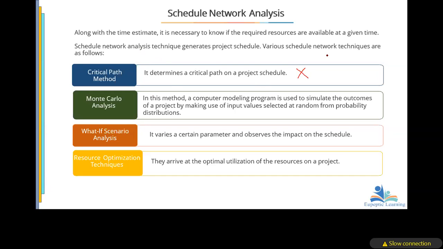When you put the durations of the activities together, it will always have the longest duration. But the project cannot go beyond that duration. That is why it is the shortest possible time a project can end. You get it here? Good.